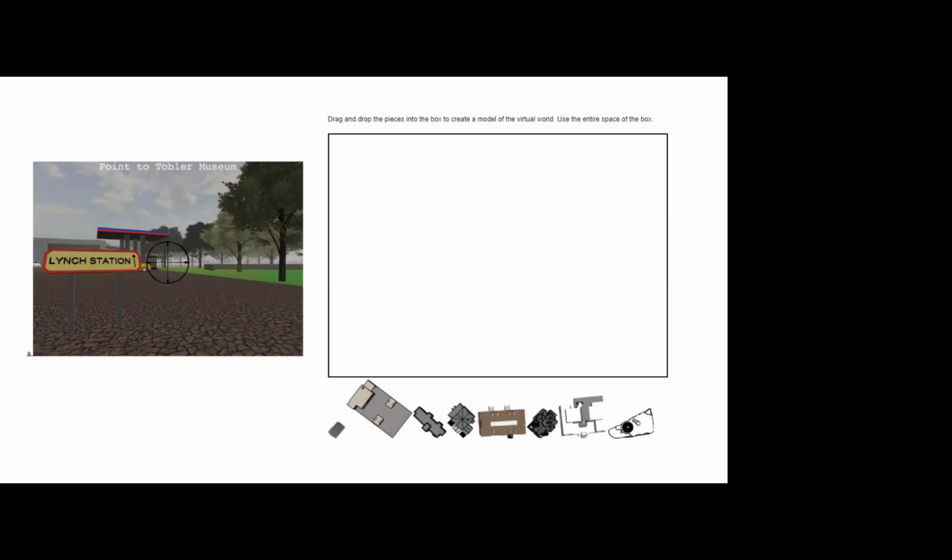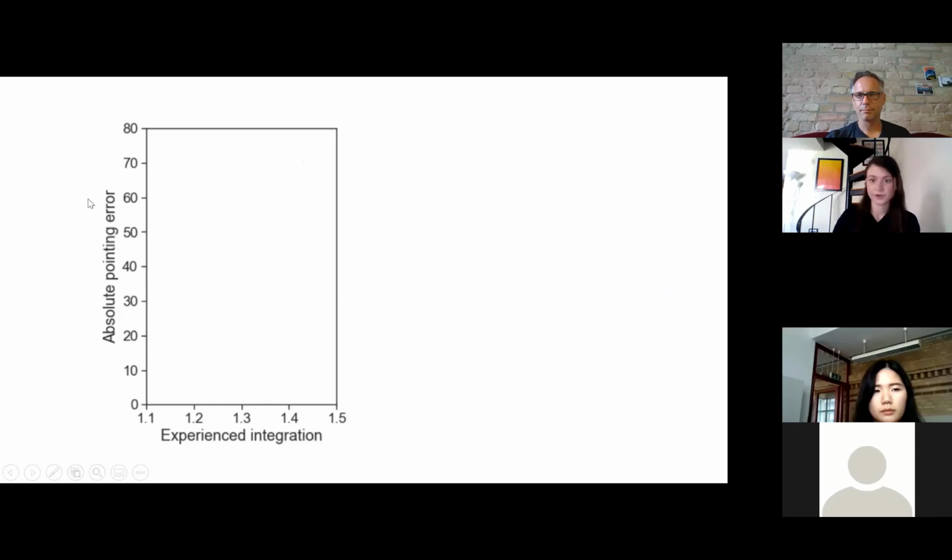The dependent measure of this is a coefficient between 0 and 1 again. So 0 would again mean no correspondence to the true map, and 1 would mean perfect correspondence to the true map. And so again, experience integration on the x-axis and then pointing error on the y.